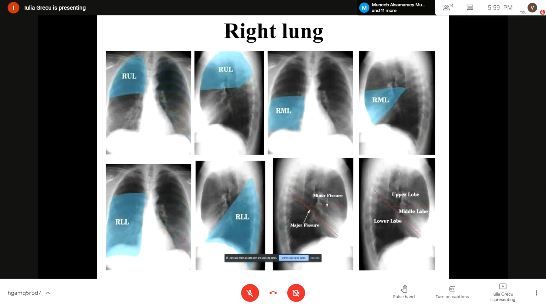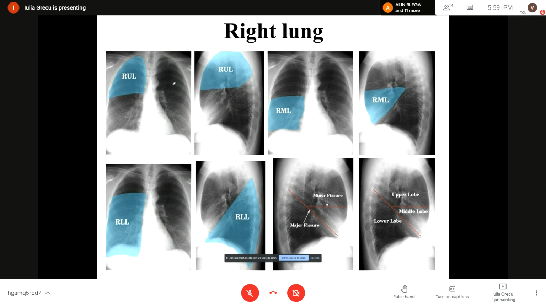Each time we deal with a chest X-ray, if we have an opacity that is located in the lung, in order to correctly assess in which lobe it's located, we need to have a frontal X-ray and a lateral X-ray.